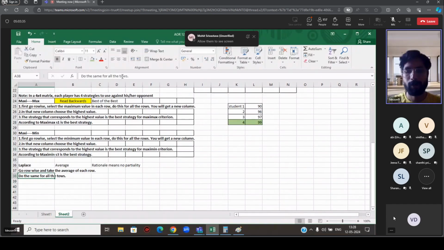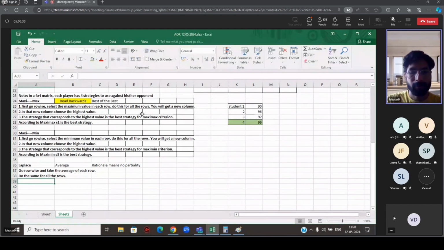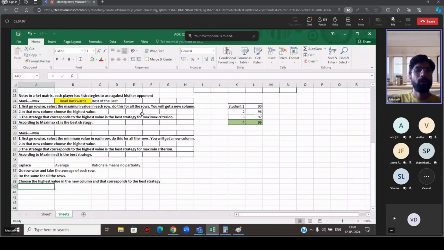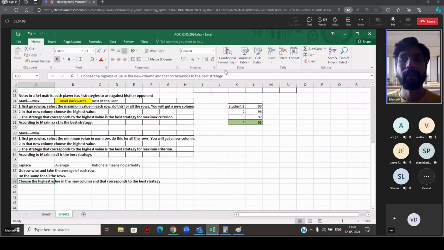Then choose the highest value in the new column, and that corresponds to the best strategy.